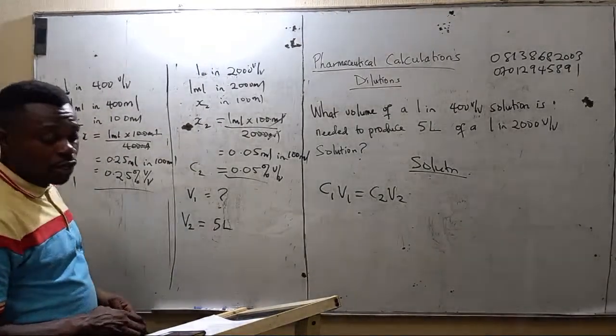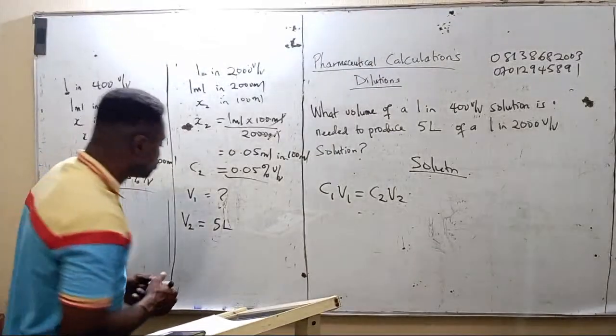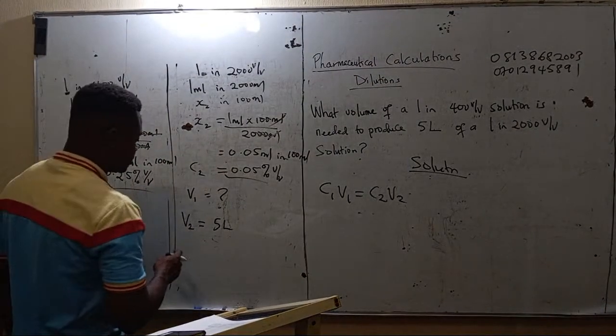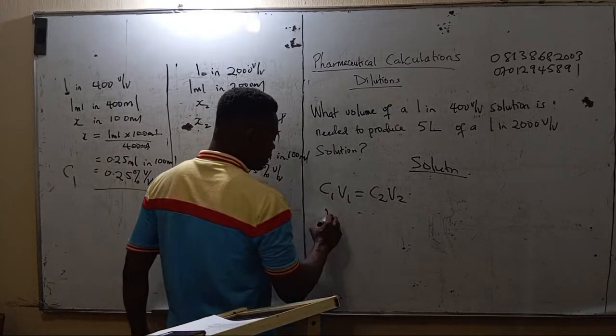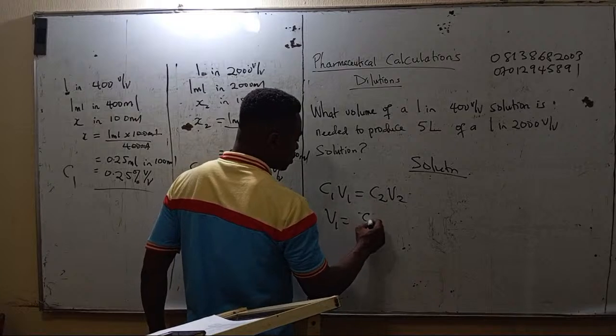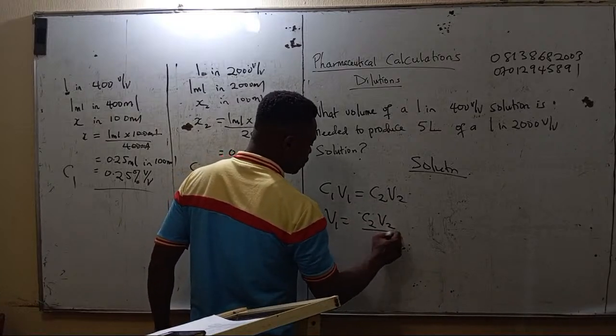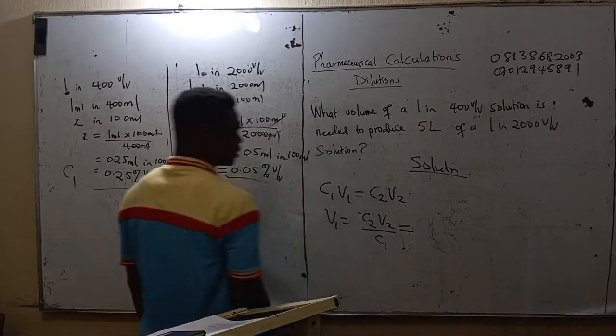If we now do this, we are looking for V1. So our V1 from this formula is equal to C2 V2 over C1.